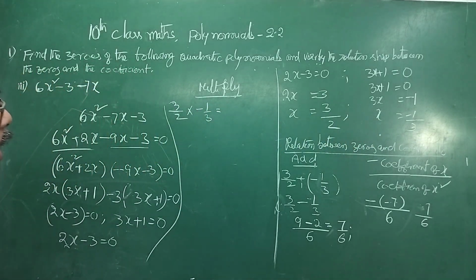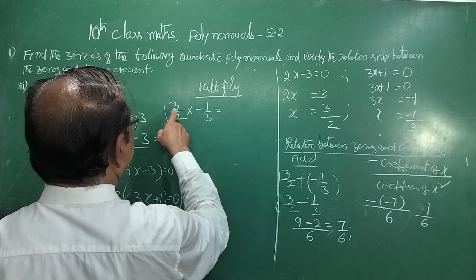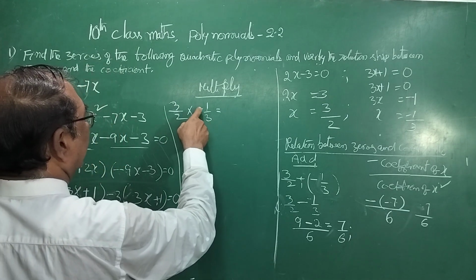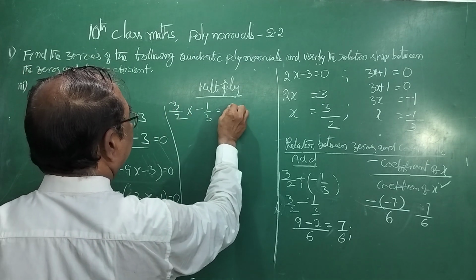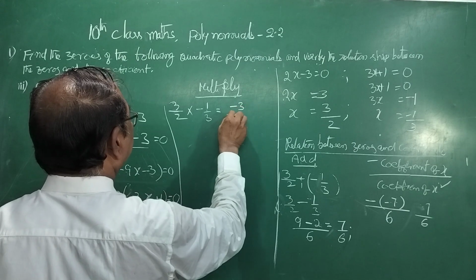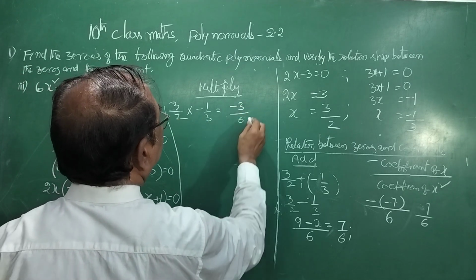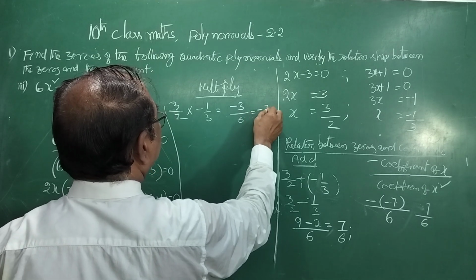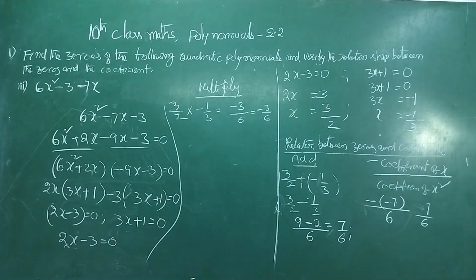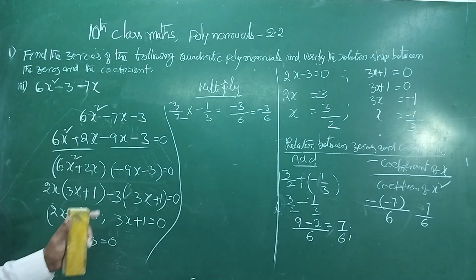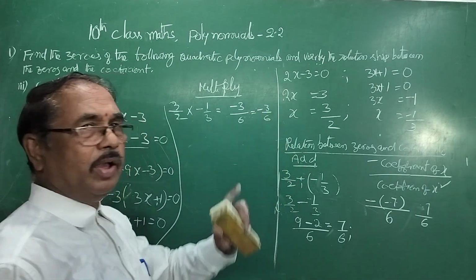When we multiply, what is the answer? 3 into minus 1 is minus 3, and 2 threes are 6. That means minus 3 by 6 is the answer when we multiply these two zeros.